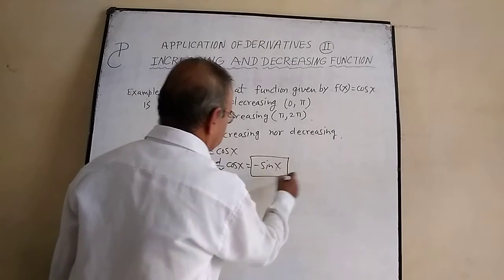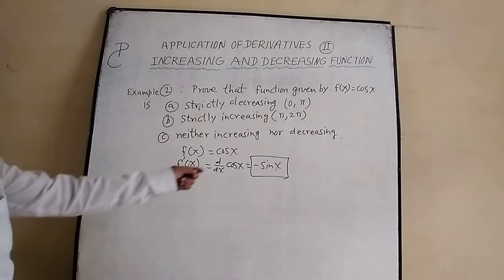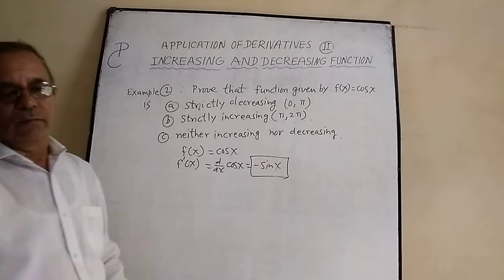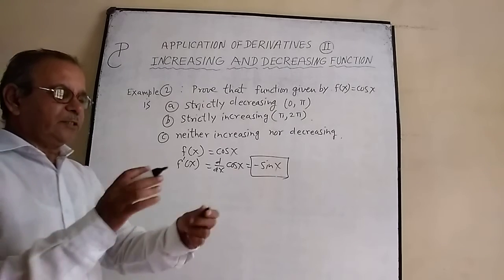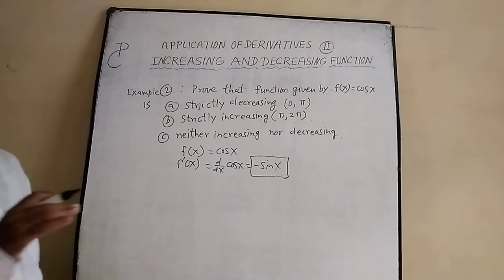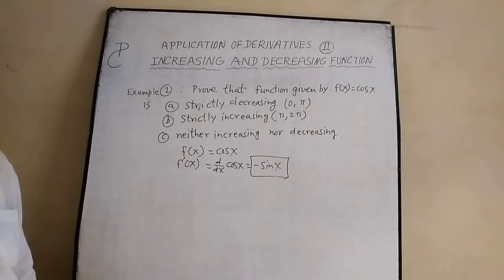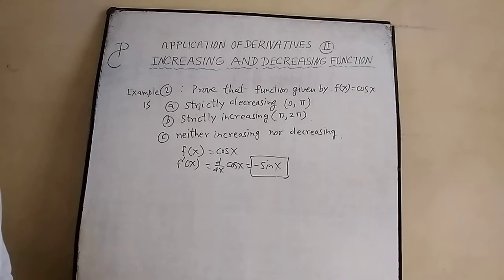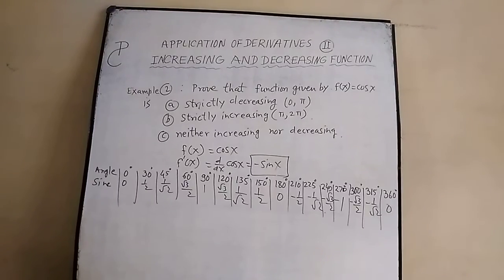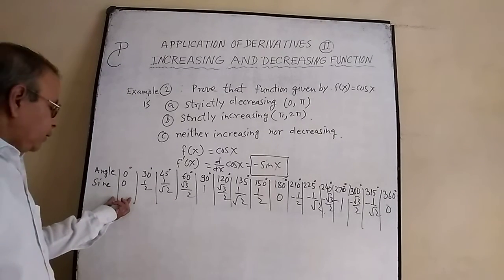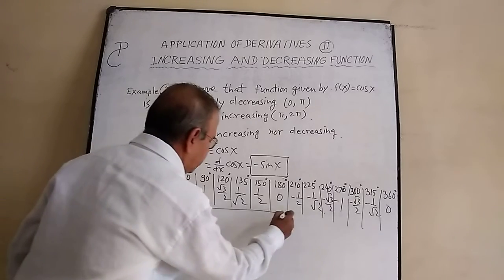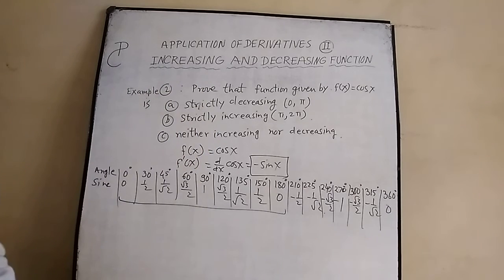This is the most important factor, that the sin x function is negative. Here we just go through our previous knowledge of sine at different angles from 0 to 360 degrees. Here sine for angles 0 to 180 degrees is strictly positive.